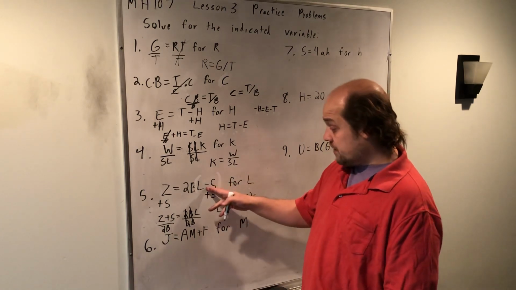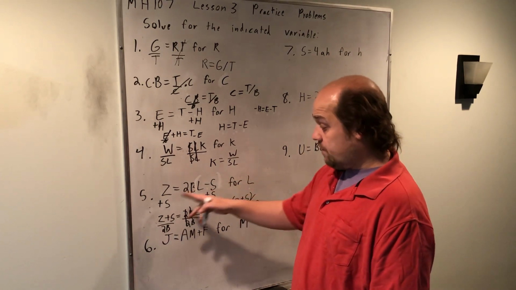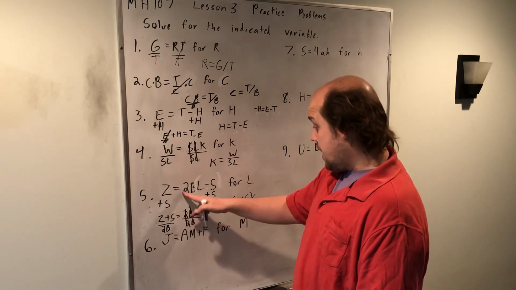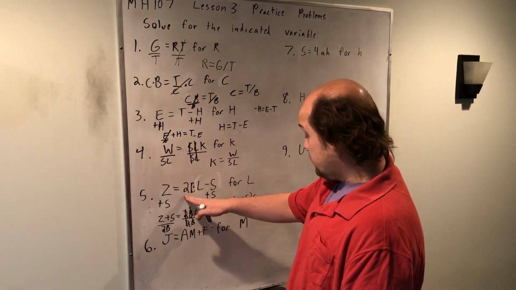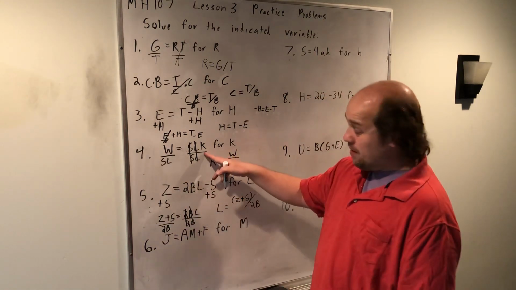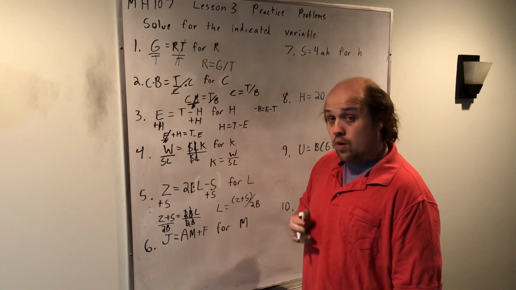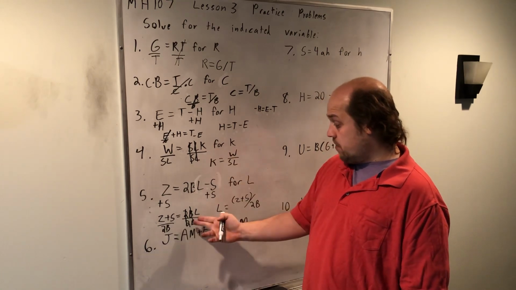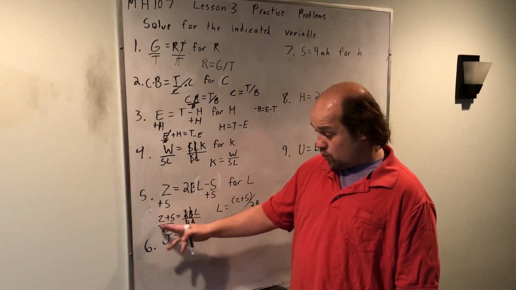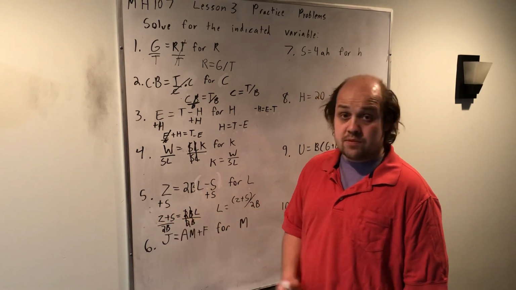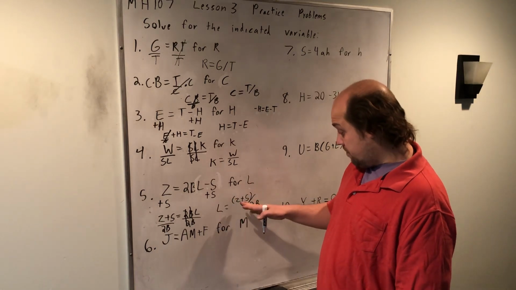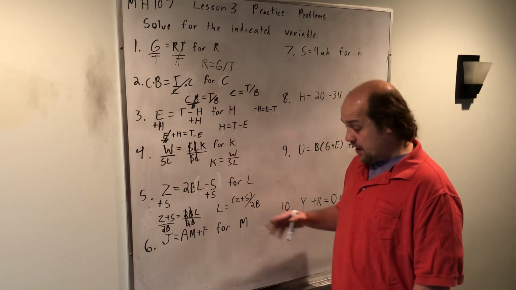So to get rid of this subtracting 5, I added 5 to each side. That's how I got z plus 5 over here, and I now had 2bl on the right by itself. That makes it a problem like number 4, where I'm just going to divide by the two things that are being multiplied by. The key distinction here is instead of just dividing one term, I'm dividing two terms being added. So I want to make sure that both those terms are shown as being divided by the 2b.